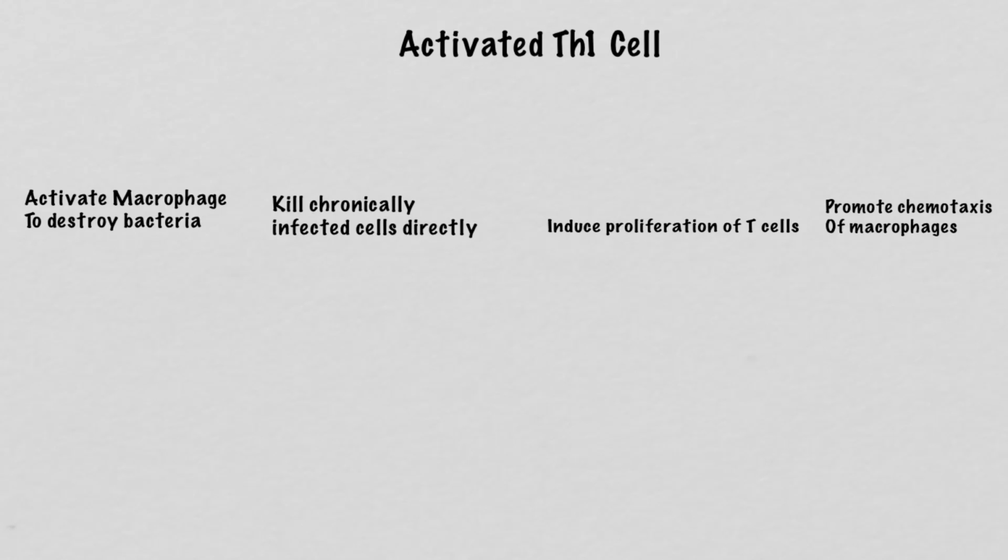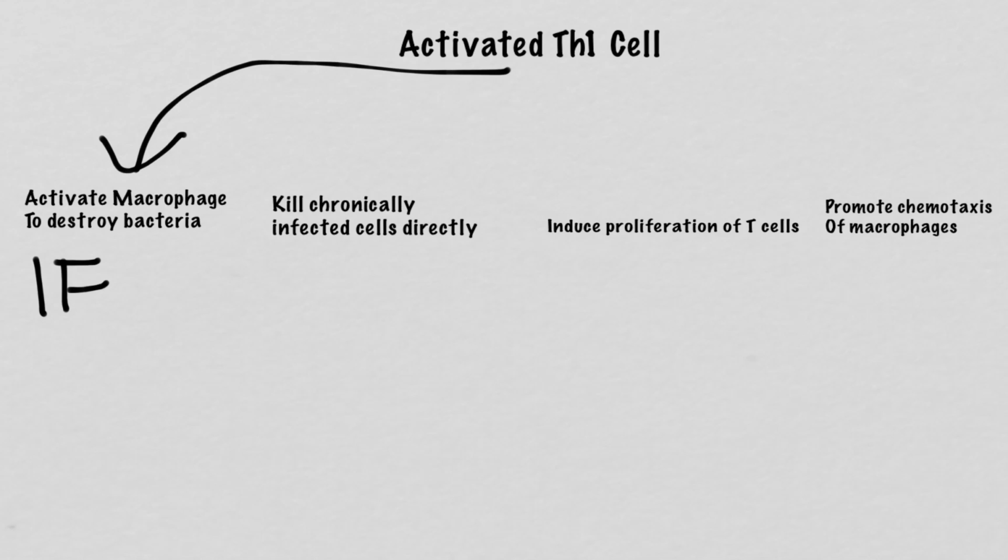So now that our CD4 positive T cell has been completely differentiated into a Th1 effector cell and has left the lymph node, it can get into all sorts of trouble. It can activate macrophages to destroy bacteria through the production of interferon gamma and expression of CD40 ligand.